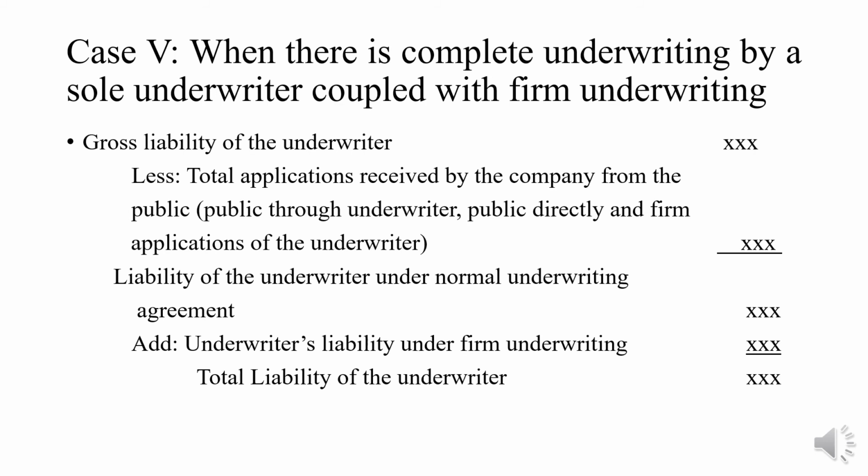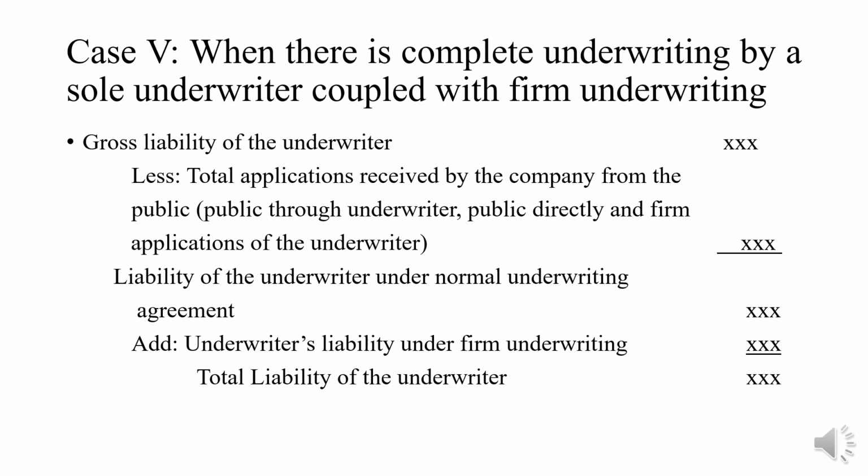So very simple. First we have to find out the gross liability of the underwriter. Then we deduct from that the total applications received by the company from the public, and we get a balance, and that is the liability of the underwriter under normal underwriting. Since it is a firm underwriting, you know what we mean by firm underwriting.